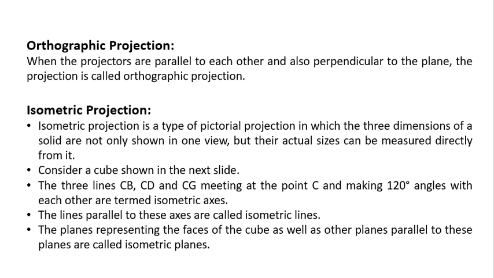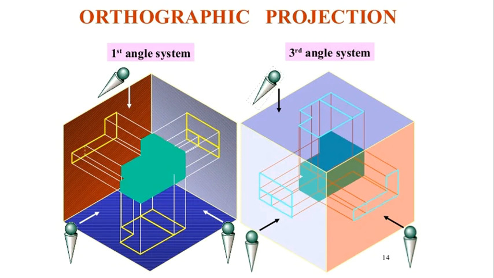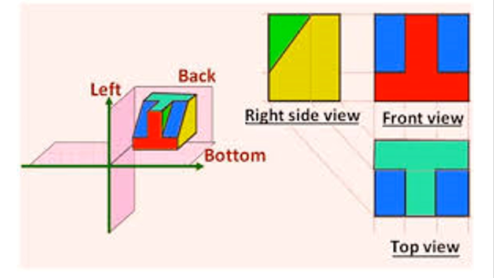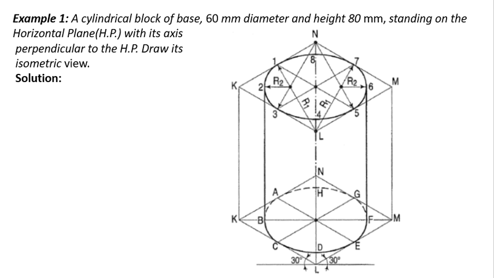And in isometric projection, the isometric projectors or the lines are scaled at a particular ratio. Here you can see in example 1 this cylindrical surface.